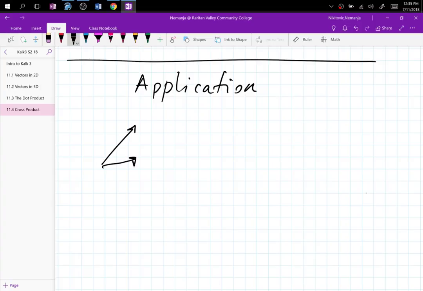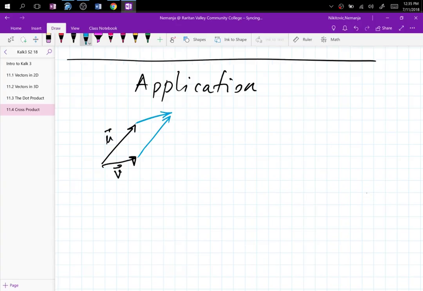Two three-dimensional vectors, vector u and vector v, will create what we call a parallelogram. A parallelogram has two pairs of parallel sides. A rectangle is also a parallelogram, but it's a special kind because all its angles are 90 degrees. Parallelograms have two sets of parallel sides and two sets of equal angles.